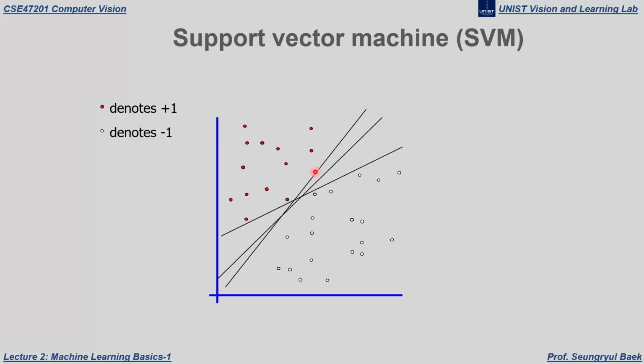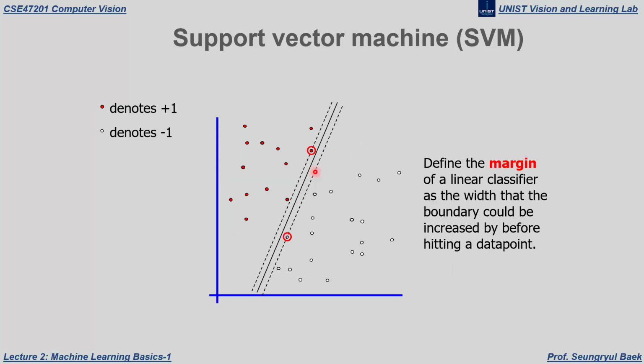There are actually many boundaries between these two groups of samples, right? But which one is the best? There could be a lot of criteria to decide which one is best. But in SVM, we will find the one straight line that maximizes the margin.